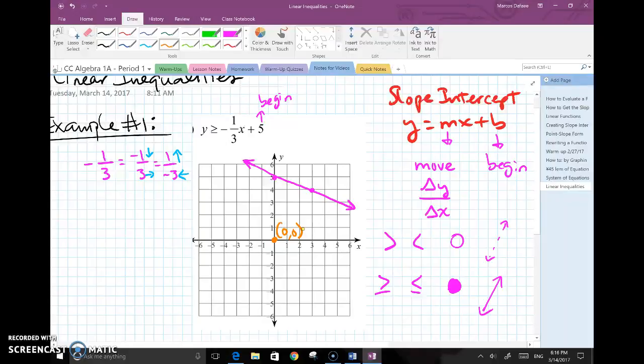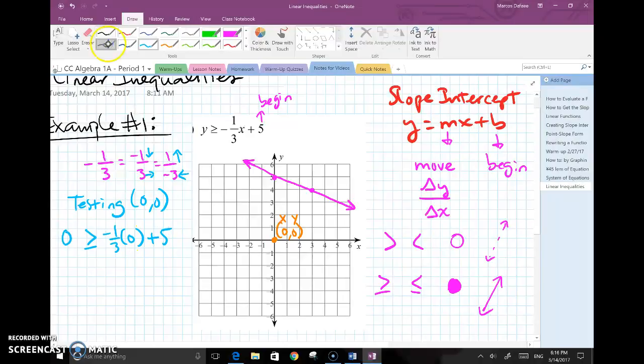So I need to test those numbers, which each represent my x and y, on this inequality here to see what it is I actually get from that. So here I go. I'm going to do a quick test of 0, 0. So plugging in my x and y, I get 0 is greater than or equal to negative 1/3 times 0 plus 5.